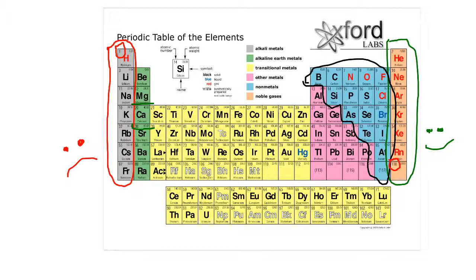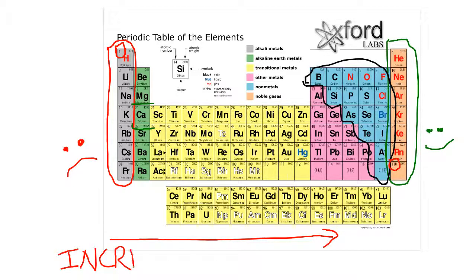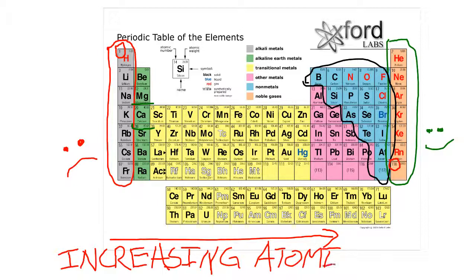So it's arranged moving this way, increasing atomic number. So as you move across from left to right, the atomic number increases.